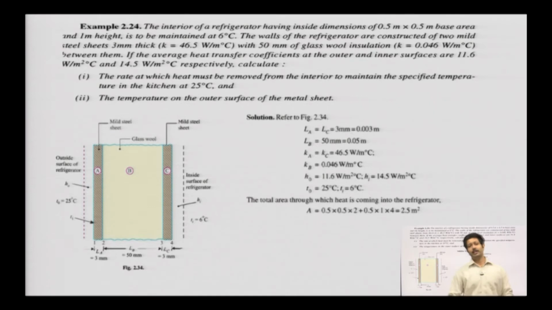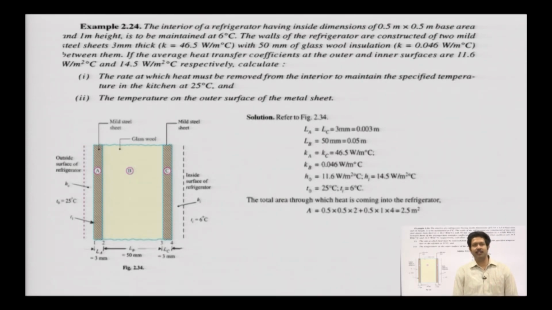Now let's talk about another numerical. The interior of a refrigerator, having inside dimensions of 0.5 meters by 0.5 meters base area and 1 meter height, is to be maintained at 6 degrees Celsius. The walls of the refrigerator are constructed of two mild steel sheets 3 mm thick, K equal to 46.5 watts per meter degree Celsius, with 50 mm of glass wool insulation, K equal to 0.046 watts per meter degree Celsius, between them.